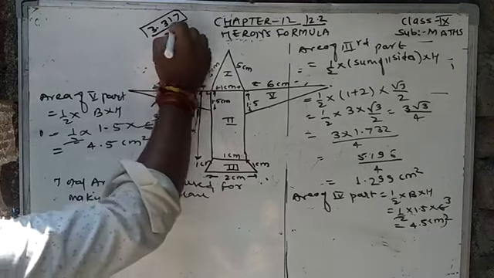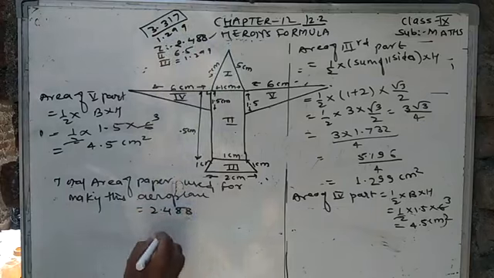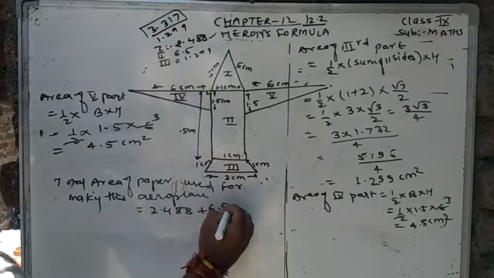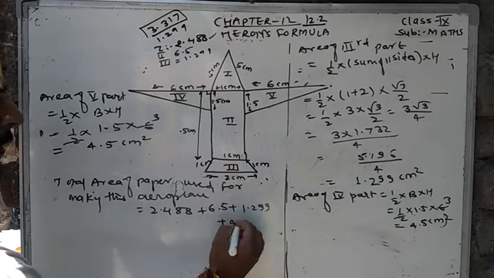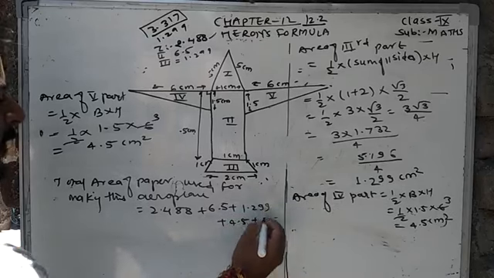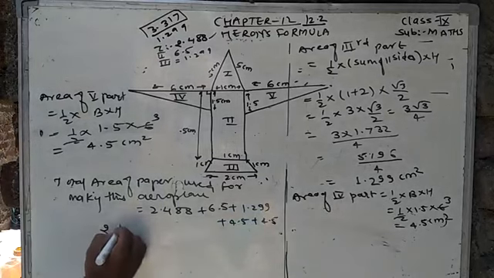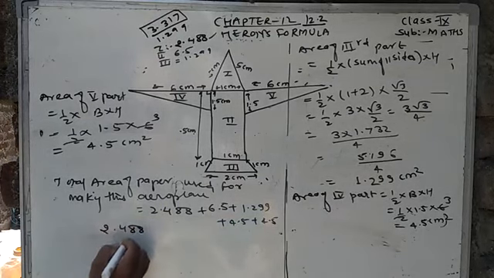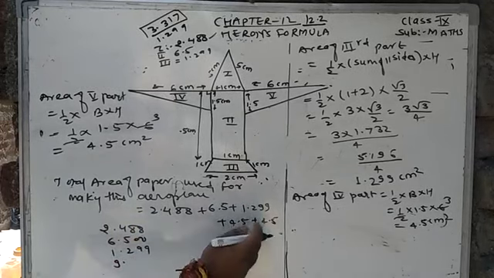The first is 2.488, second is 6.5, third is 1.299, fourth is 4.5 and fifth is also 4.5. So 4.5 and 4.5 will be 9.